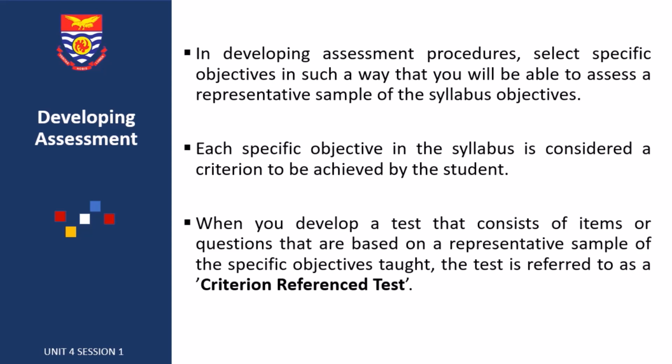If students sit for the test and they are able to achieve certain objectives, then you make a reference that, okay, student A was able to achieve objectives B, C, D, and student B was able to achieve objectives Z and Y. So the questions you set around specific objectives make up a criterion reference test.